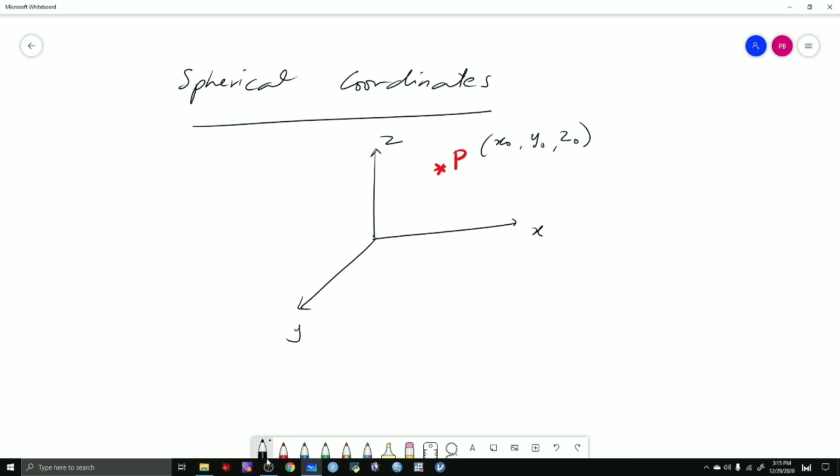Let us first draw a line here, and then a line here, and a line in here.